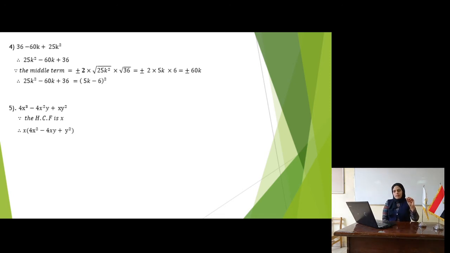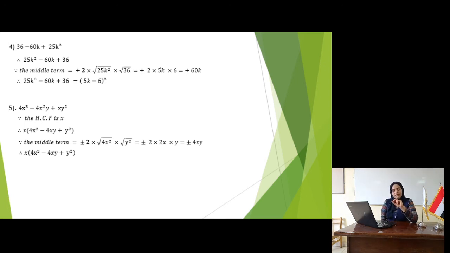Be sure that the expression is a perfect square trinomial. Then, after you are sure, 4x power 2 will be factorized into 2x, and y power 2 will be factorized into y. Taking the middle sign, which is negative, we have x times 2x minus y to the power 2.